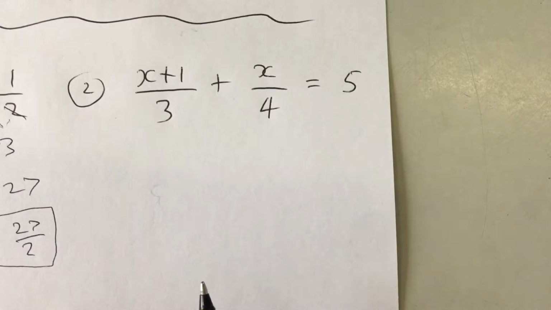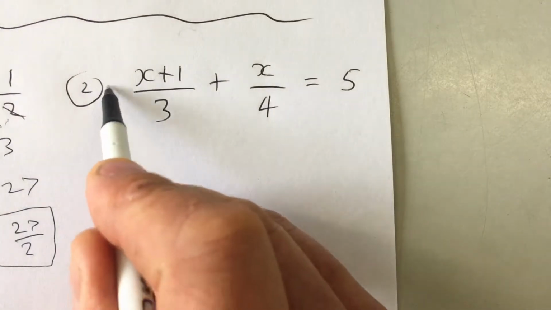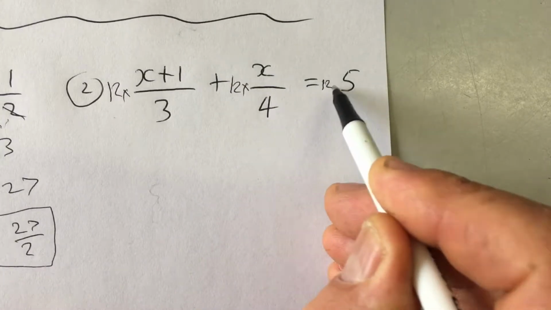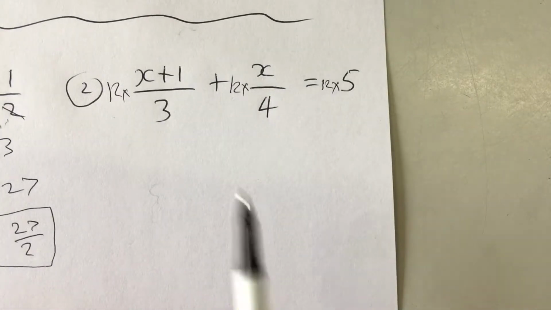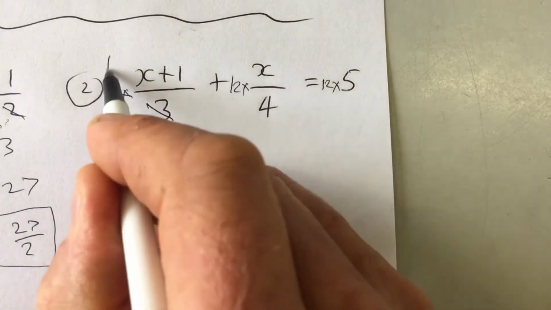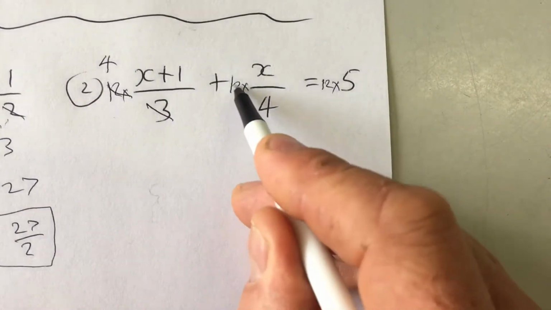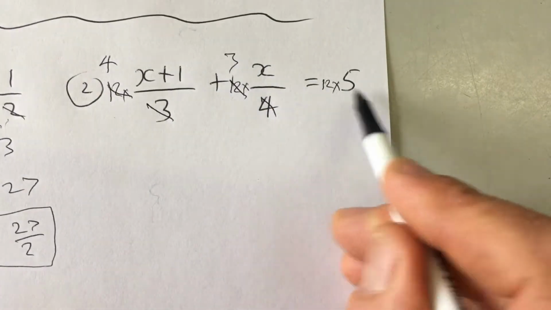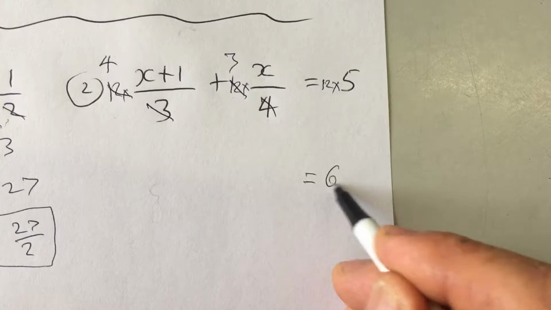So this one, I'm going to multiply by 12 to get rid of the 3 and the 4. Don't forget to times everything by 12. That's the same as saying timesing both sides, keeping it balanced. The 3 and the 12 cancel, giving you 4 on the top, and the 12 and the 4 cancel, giving you 3 there, and that's just going to be 60.